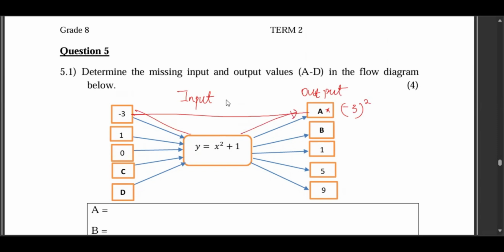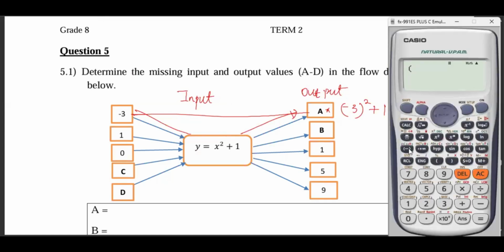So -3 squared plus 1, which is the same as 10. How did I get 10? I asked myself, when I have a negative number, I square it, afterwards I add a 1, I get a 10.